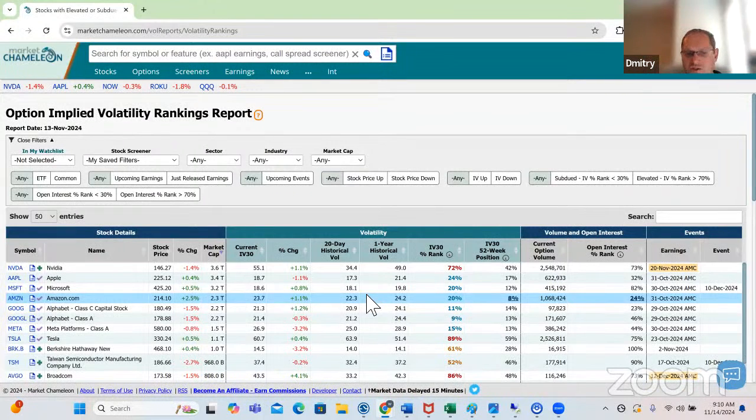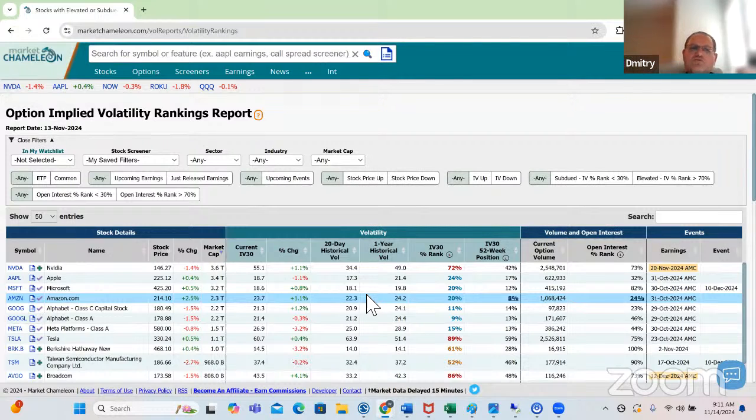How else can we measure this implied volatility? And when we look at the current level, the next question will be, well, how does this current level measure up to where it usually, or normally trades for this specific stock? Because stocks have different liquidities, trade differently, have different volatilities.